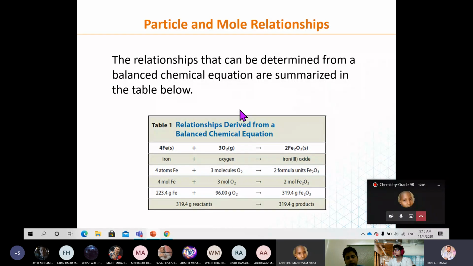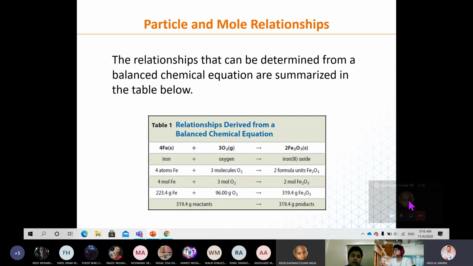Instead of 3 molecules, you can say 6 atoms of oxygen. But here we are writing it as O2. So O2 is a molecule, like H2, N2, O2. All of these are molecules. And Fe2O3 is a formula unit. I have 2 formula units.